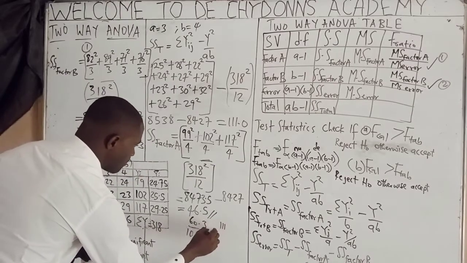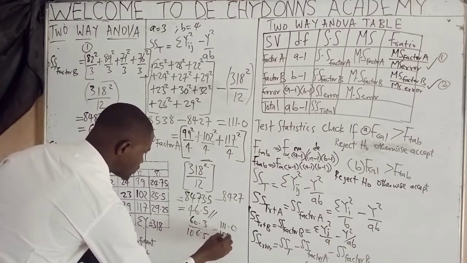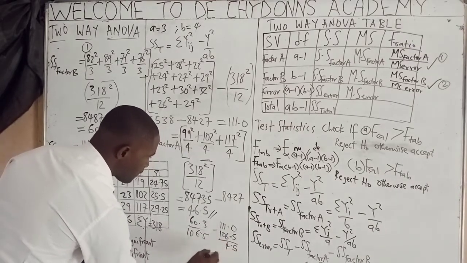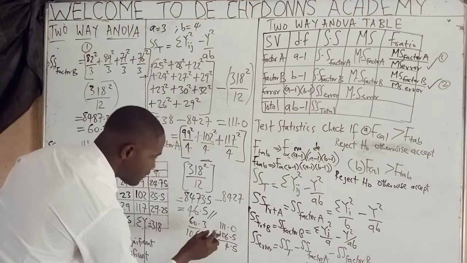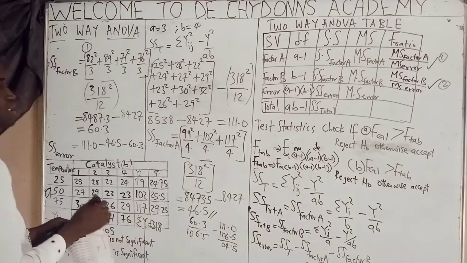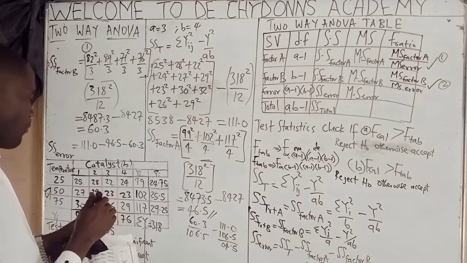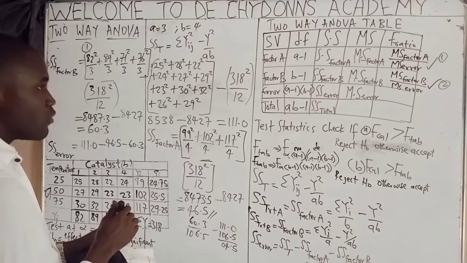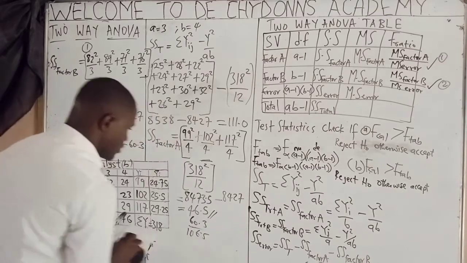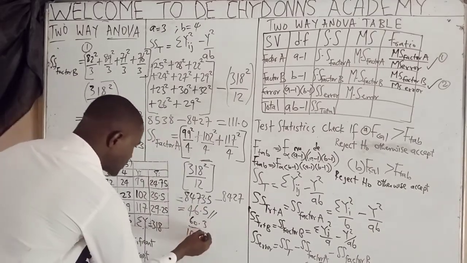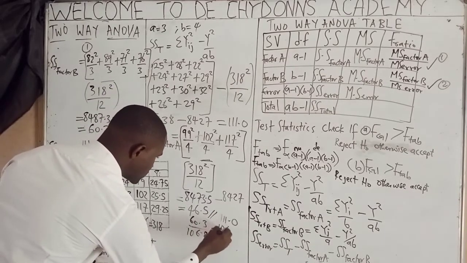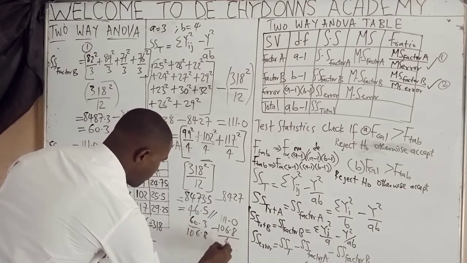Then 111 minus 106.8 will be giving us 4.2.